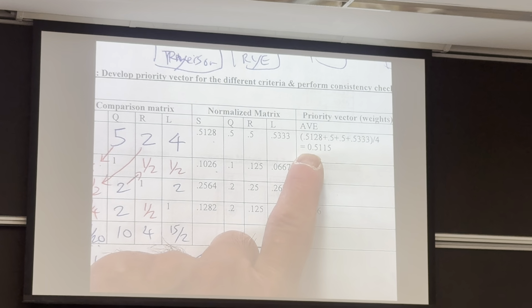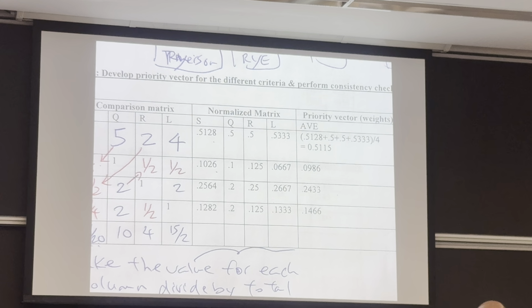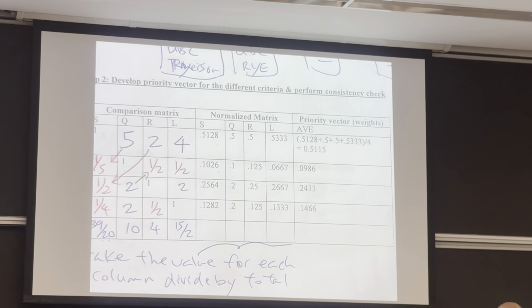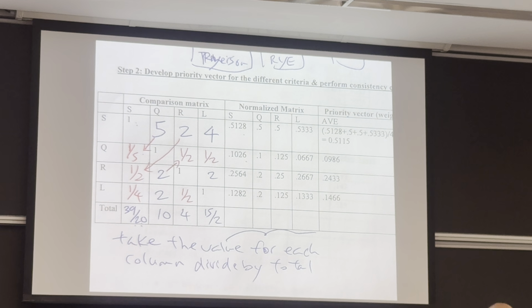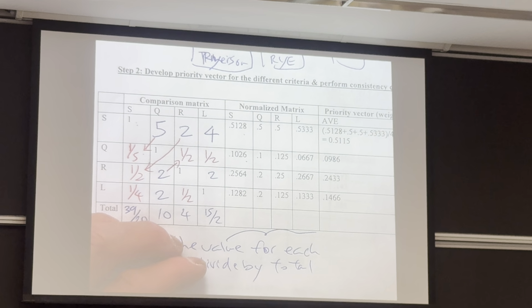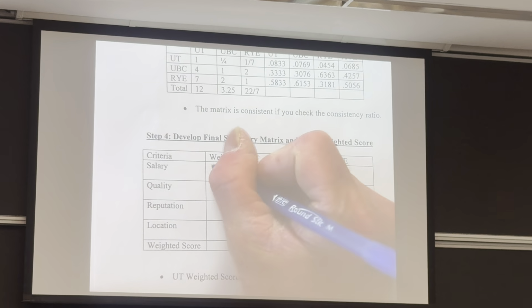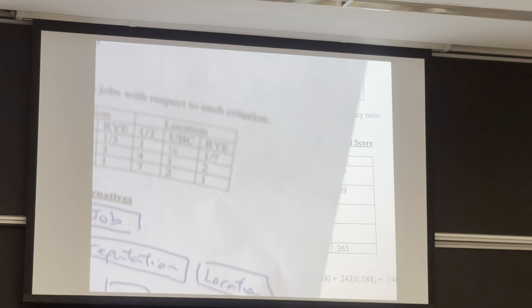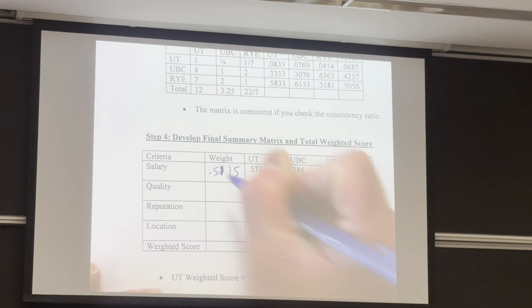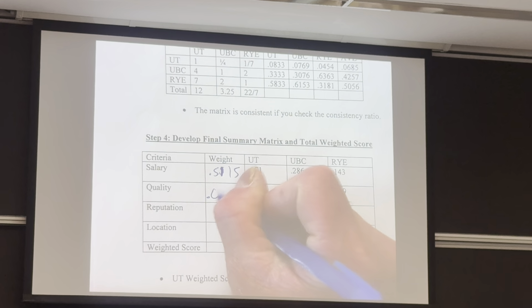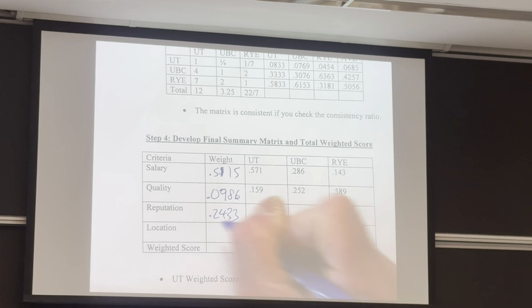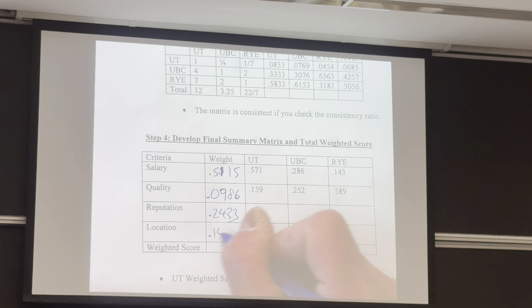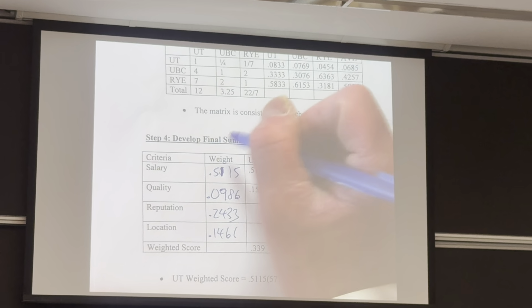We see we have 0.5115 for salary, 0.0986 for quality, and so forth: 0.5115, 0.0986, 0.2433, and 0.1466.